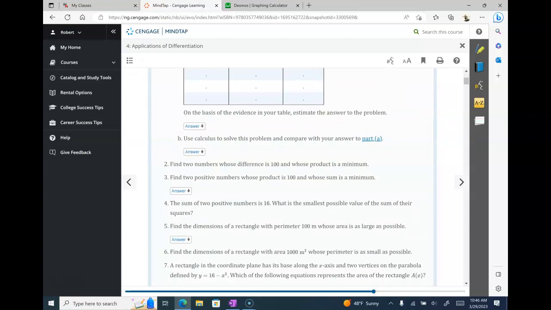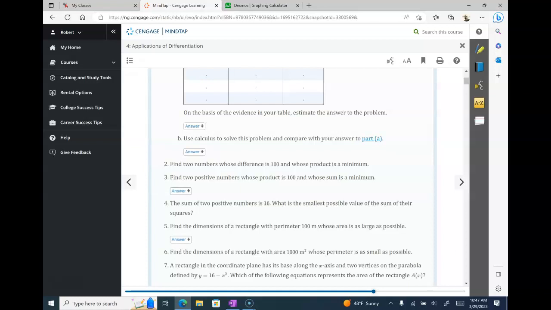Like number 4, the sum of two positive numbers is 16. What is the smallest possible value of the sum of their squares? Right, so just x's and y's. If you haven't figured it out, there's going to be two variables here, x and y, or whatever letters you choose to use for your variables. And then you're going to try and create a function of x from those pieces that you get.